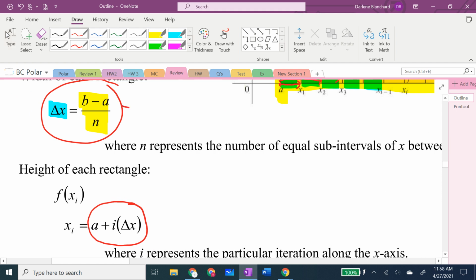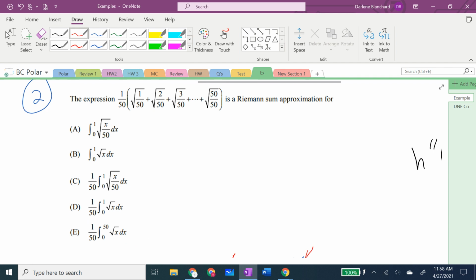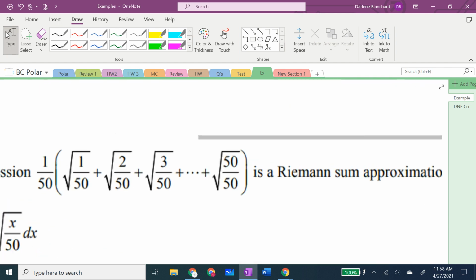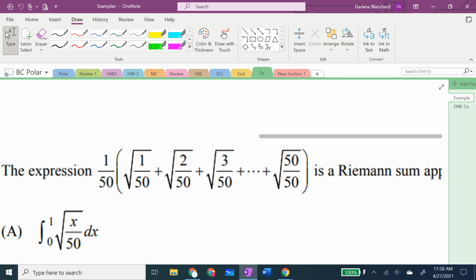So this formula is going to show up as some number divided by n. That's always my first focus. Do I have a factor? And it's a number divided by n. Do you see a factor?